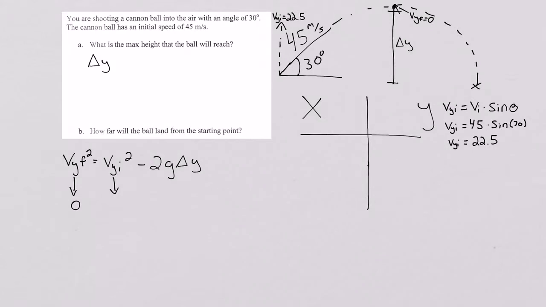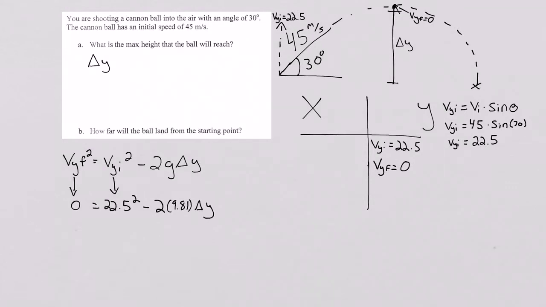22.5. There we go. So now we have to plug that in our xy chart. Velocity y initial equals 22.5, and we solved for velocity y final, which we know is 0 in this case. So let's plug that in: 0 equals 22.5 squared minus 2g, where g is gravity, the old 9.81, all multiplied by delta y.